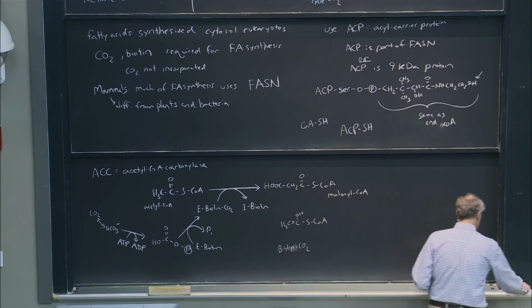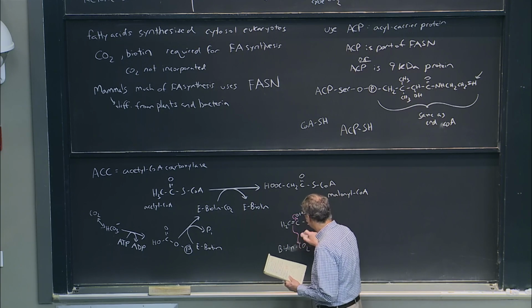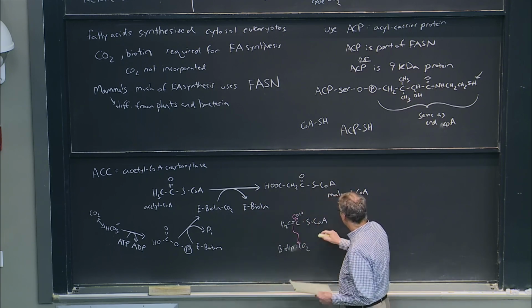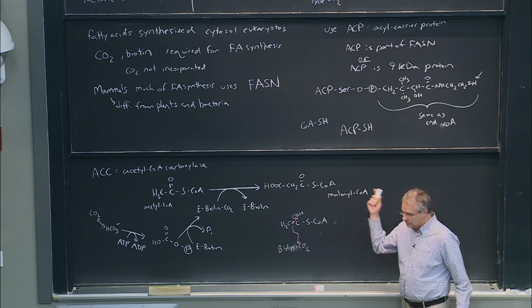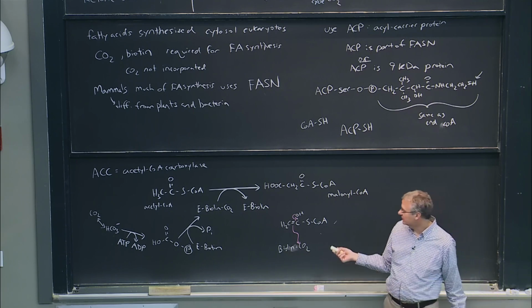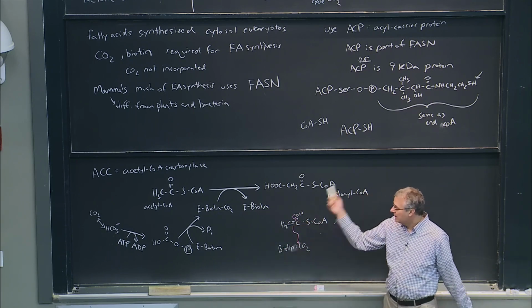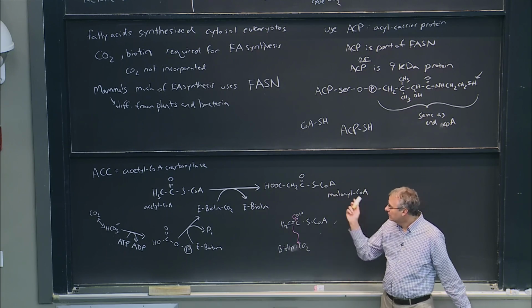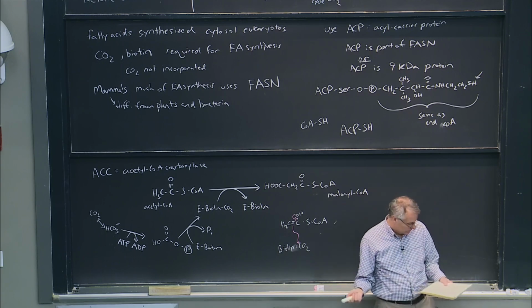If you look back at your notes, we drew a mechanism like that, and that allowed us, in that case, to take pyruvate and turn it into oxaloacetate in gluconeogenesis by pyruvate carboxylase. In this case, identical reaction, but this time you're carboxylating acetyl-CoA to make malonyl-CoA.